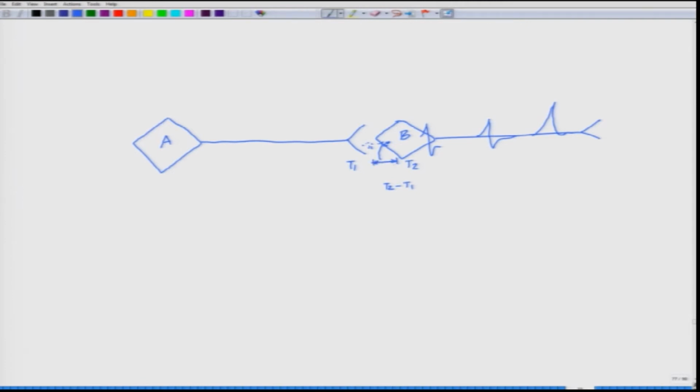Now, this time window is very critical. If this time window prolongs, say for example, this comes as delta t, and you have delta t plus some other small time added to that, then what will happen?